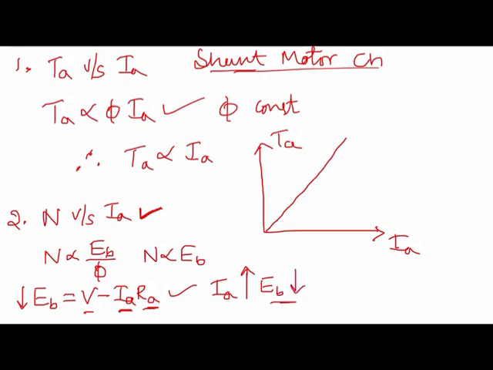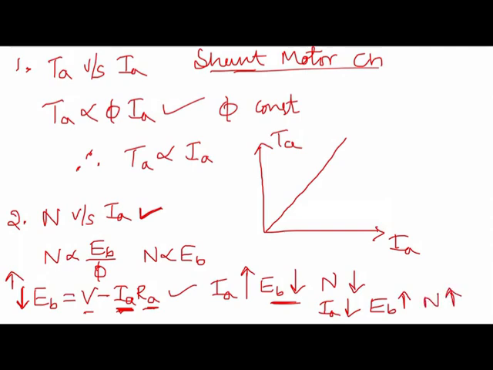If back EMF decreases, since back EMF is directly proportional to N, speed also decreases. Or vice versa, if IA decreases, the net back EMF will increase. If IA decreases, back EMF increases, thereby speed also increases.